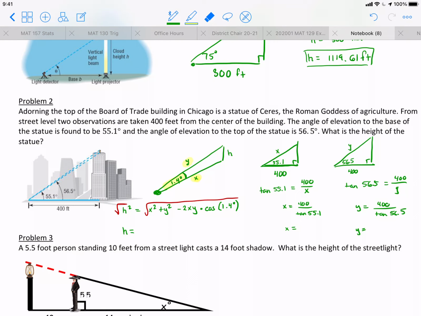So adjacent over hypotenuse. Okay, so I must have... Oh, not tangent.